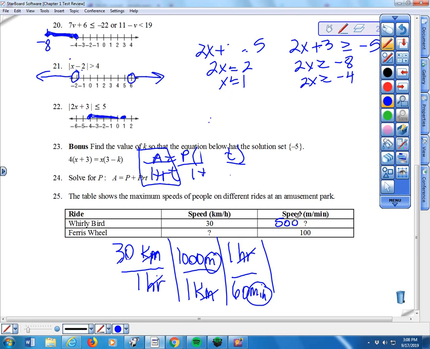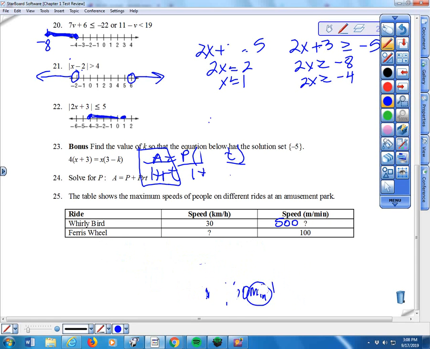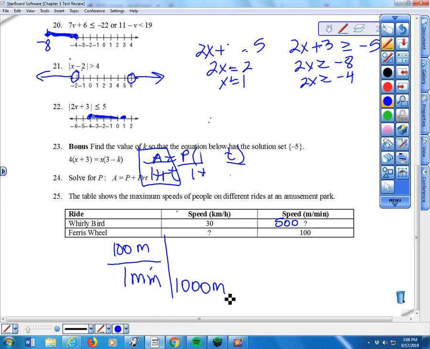And now to go backwards, I'm going to start with 100 meters per 1 minute. And I'm going to go from 1,000 meters in 1 kilometer, and minutes on top, so 60 minutes in 1 hour.